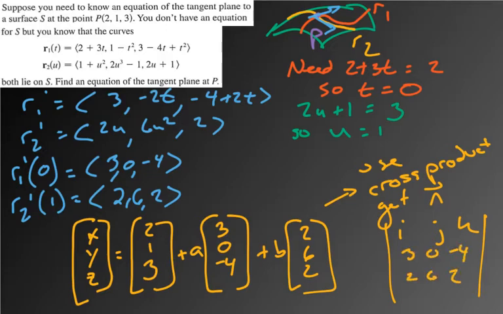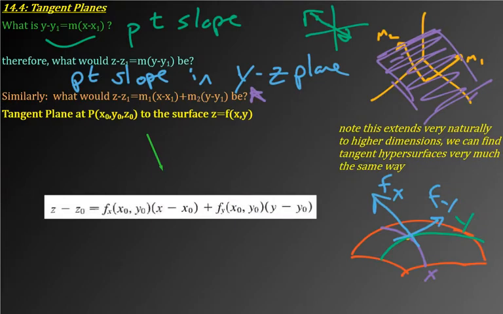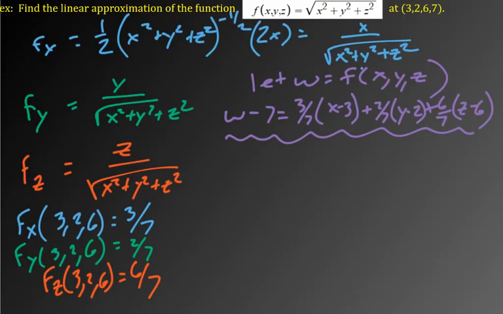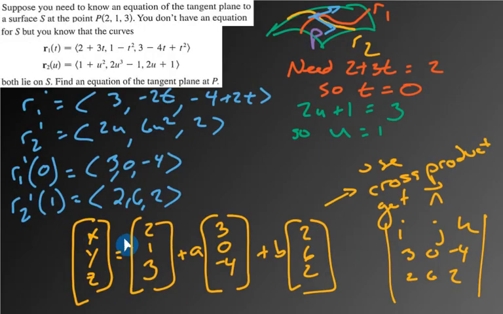This would give you a vector that goes into that kind of structure, and then you could simplify it out. You can also get that form by using a system of equations, solving for a and b, and plugging them in. But this is perfectly good.